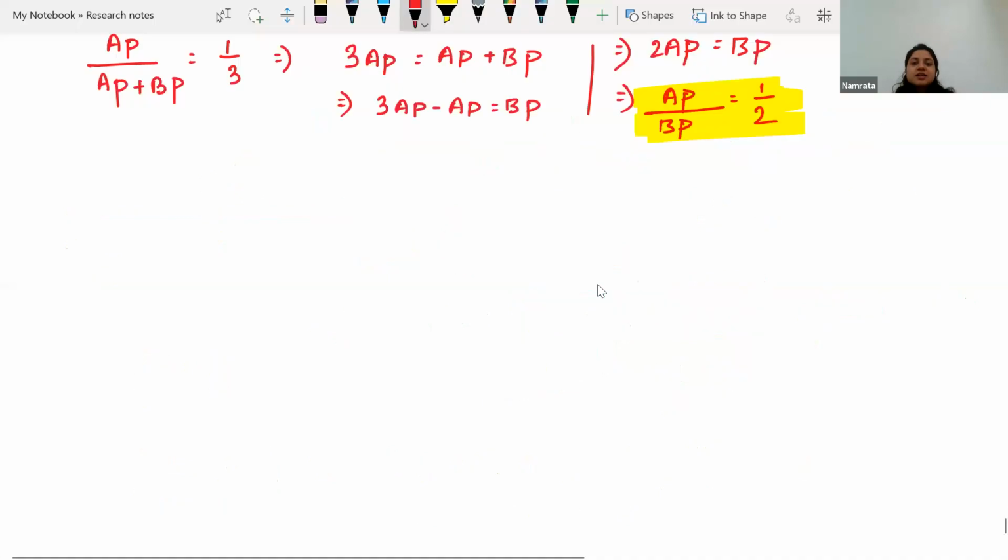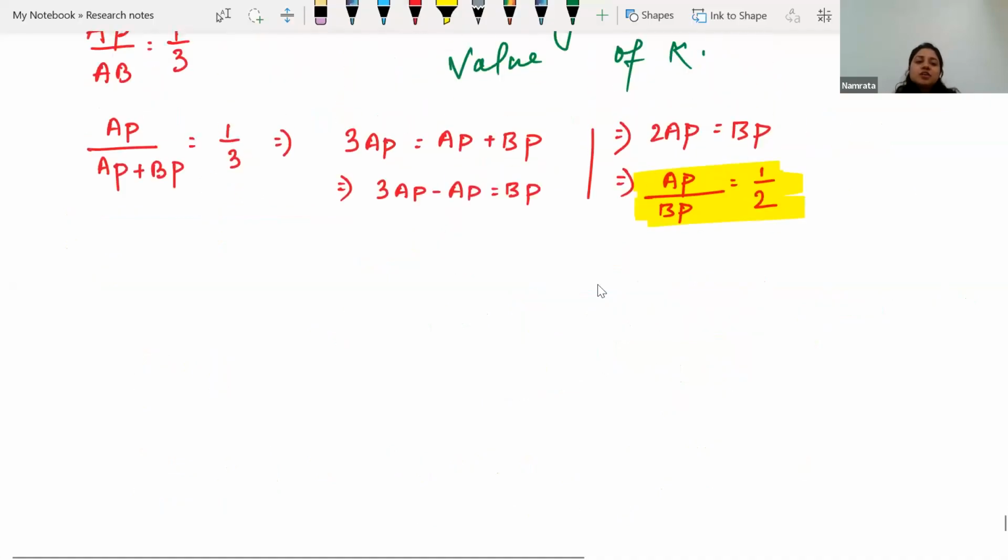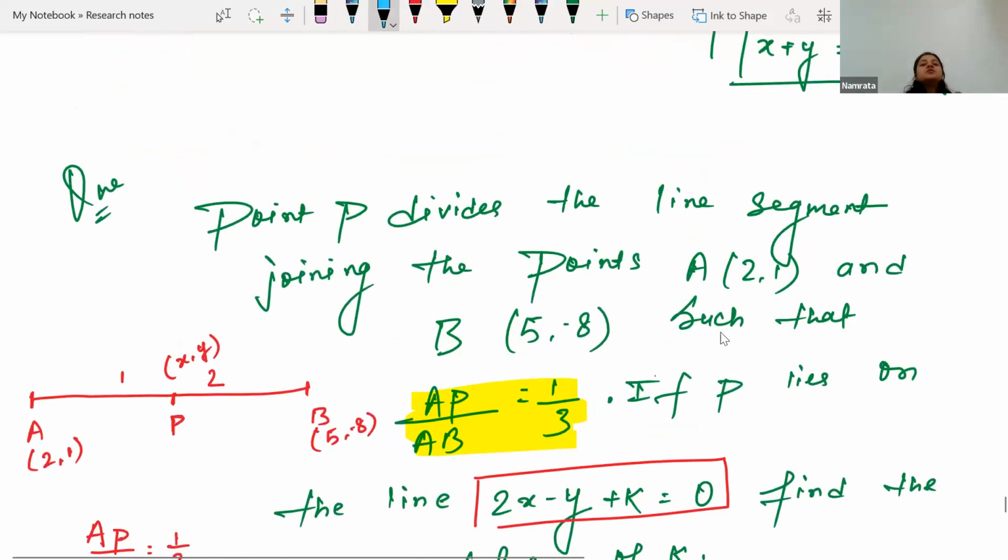Okay. So let's continue. We have already got the coordinate of P. P we have got as 3, comma 2. Let's see what exactly the question says. If point P divides the line segment AB such that AP is to AB was given.